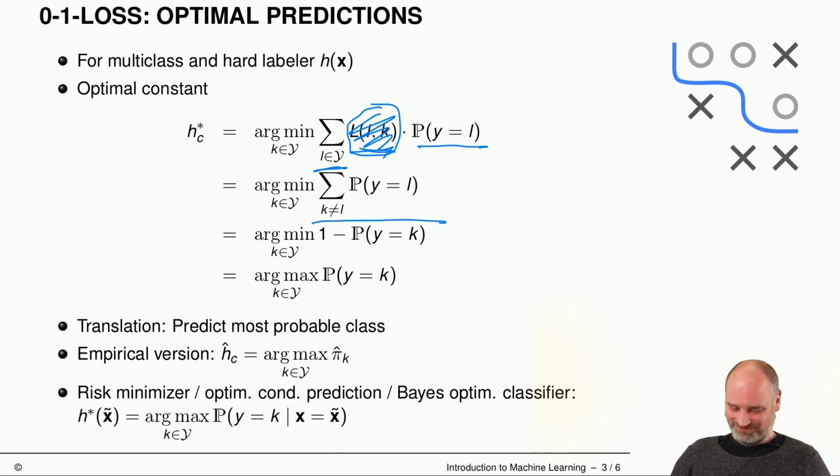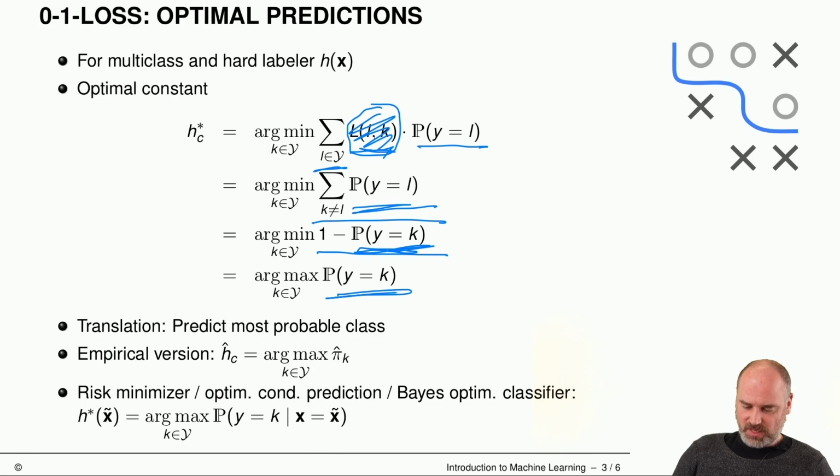It is 0-1 loss after all. So we just have to sum up all of these probabilities of Y being l for k not being equal to l. There's just this one guy missing, Y being k. So this is just a counter probability, right? And in terms of minimizing that, we can just maximize this guy here. So we maximize that, and that's our result.